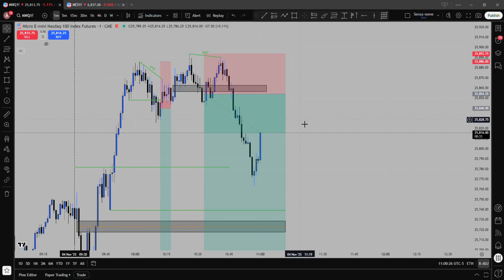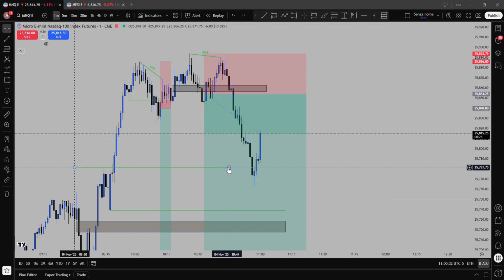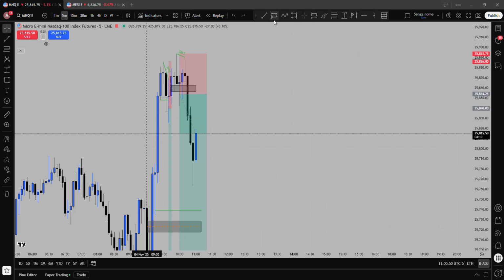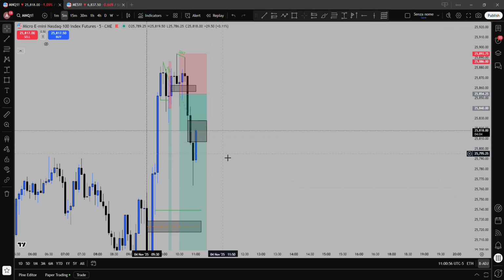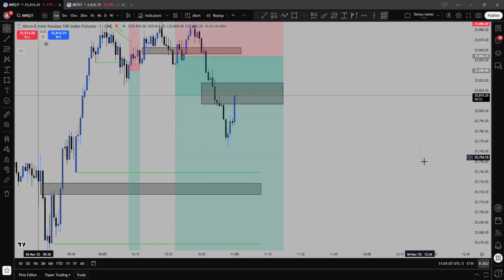Okay, so we are not inverting this fair value gap here. Alright, but we also have these fair value gaps here, and also this one, but the most important one is this one actually.